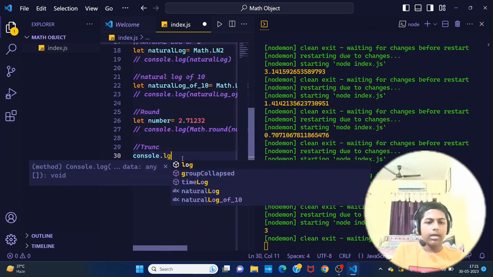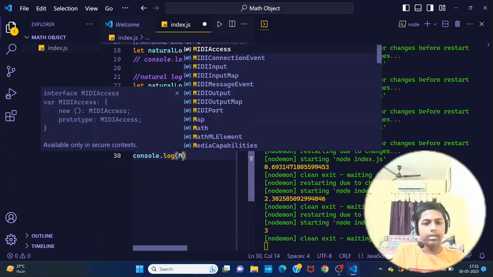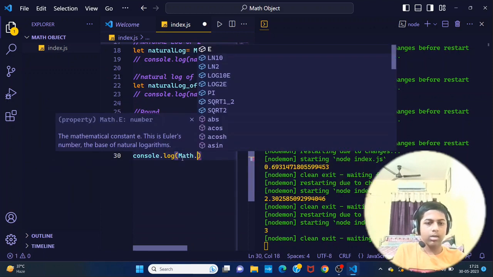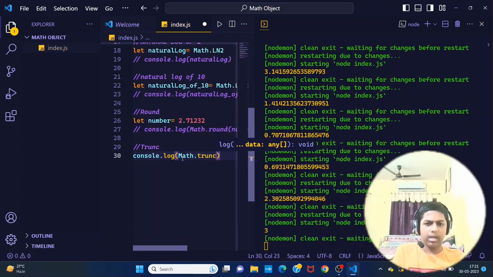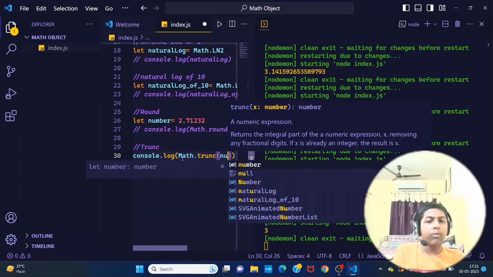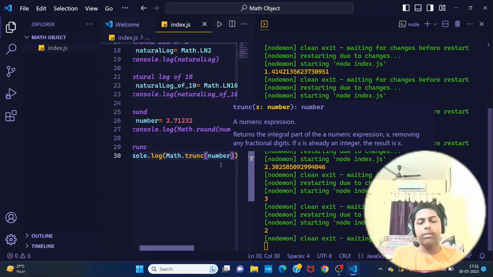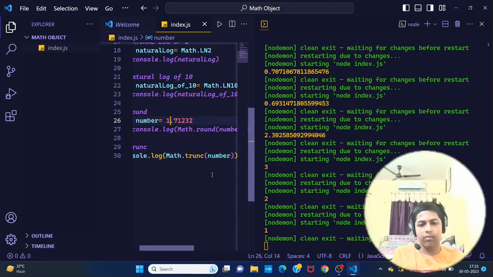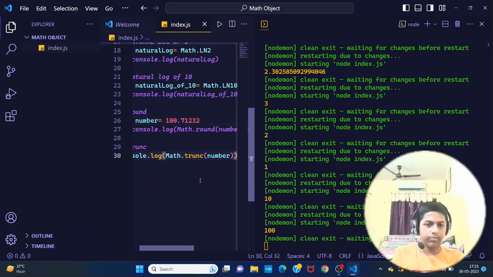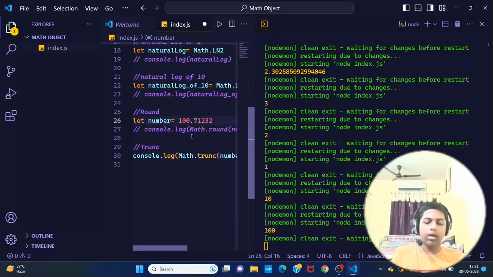Let's say console.log Math.trunc, and we pass the number here. When you pass the number, you get 2 as the integer part. If you say 10 or 100, it's the same. And what if you do not give any integer part? You get 0, because at that point 0.71232 is the most basic of all.